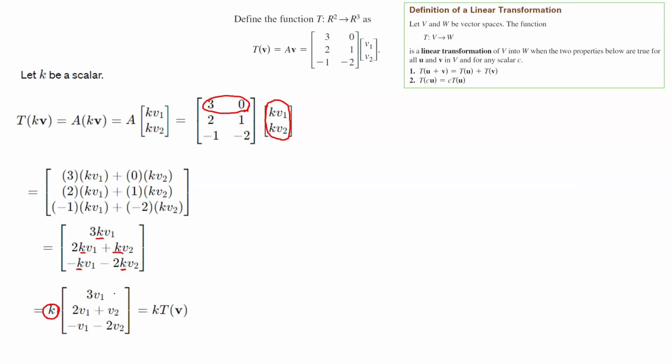This is how we defined T(v): 3 times v1 plus 0 v2, 2 times v1 plus 1 v2, negative 1 v1 minus 2 v2. So as you can see, scalar multiplication is also met. So we just showed that this function is indeed a linear transformation.